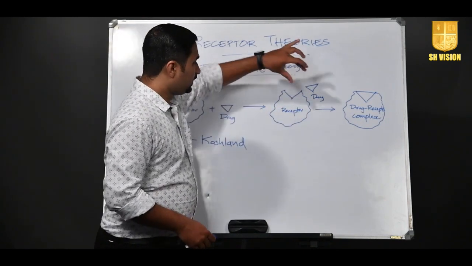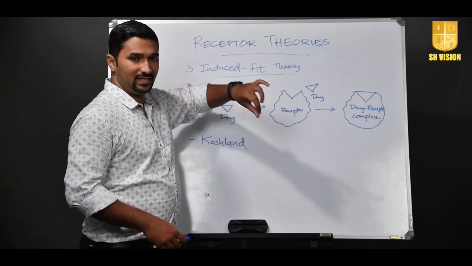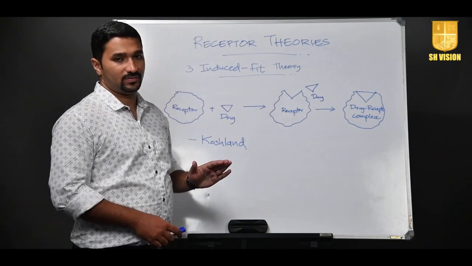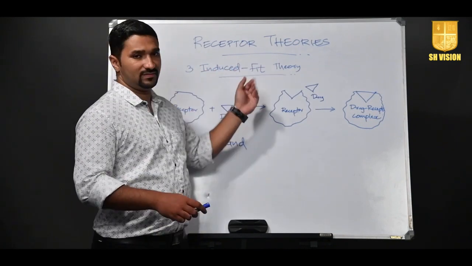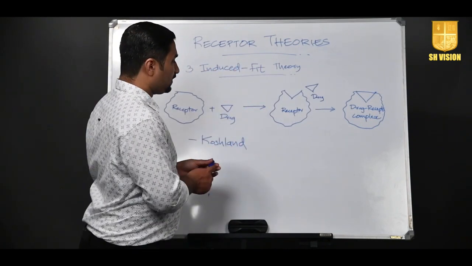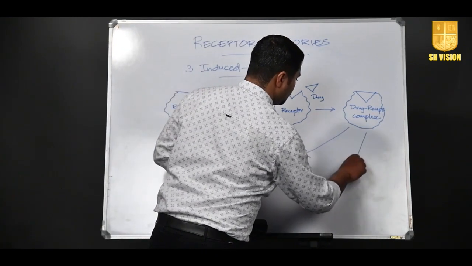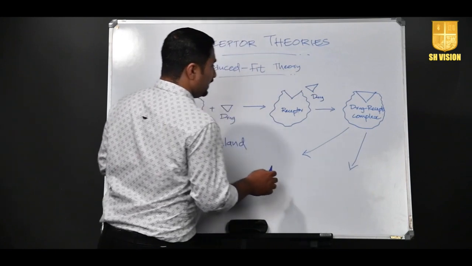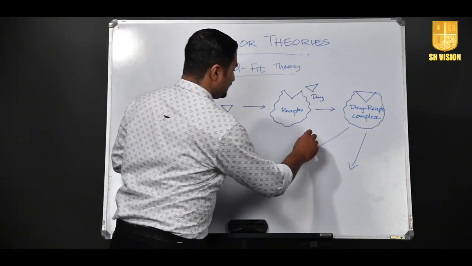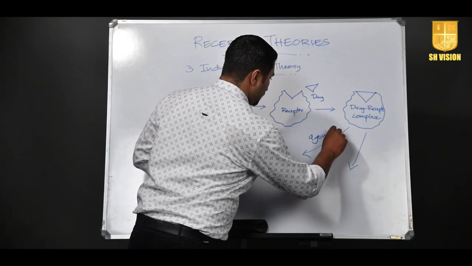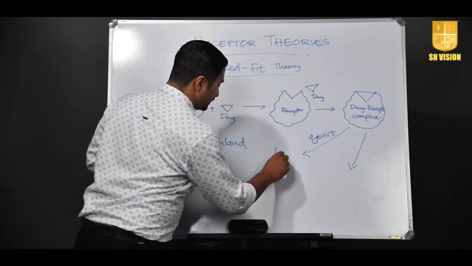So the drug induced a conformational change on the receptor so that it can fit on the receptor. So this is the induced fit theory. So there are two parts to it. If the drug is an agonist, you will get a biological response.